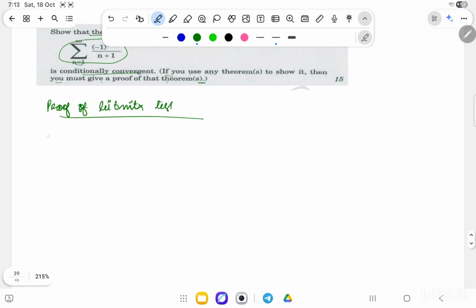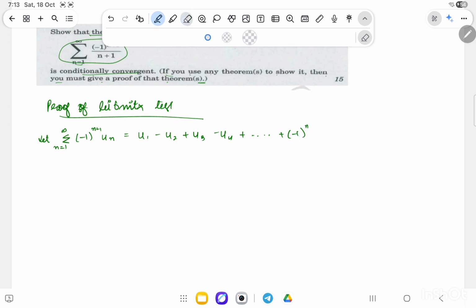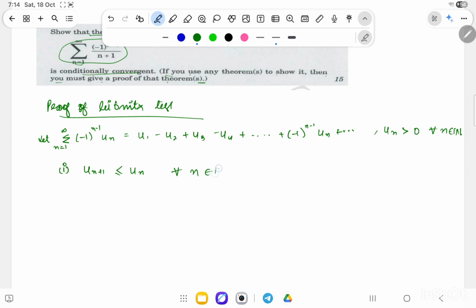So the Leibniz test says: let summation n equals 1 to infinity (-1)^(n+1) un, which is u1 minus u2 plus u3 minus u4 and so on, plus (-1)^(n-1) un and so on, where each un term is greater than 0 for all n belonging to natural numbers, and this sequence un satisfies certain conditions. First, u(n+1) is less than or equal to un for all n belonging to natural numbers, and second, the limit as n approaches infinity of un is equal to 0.